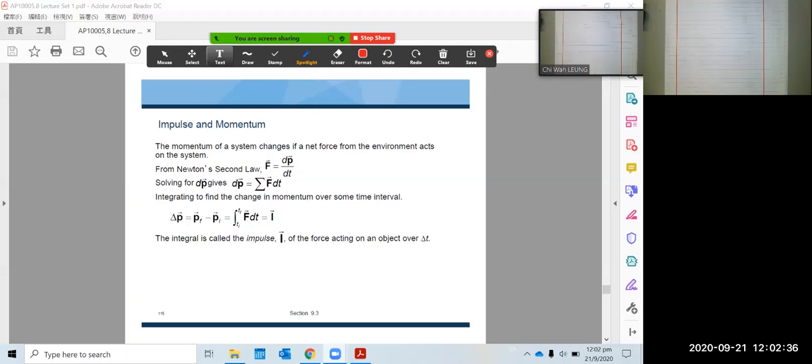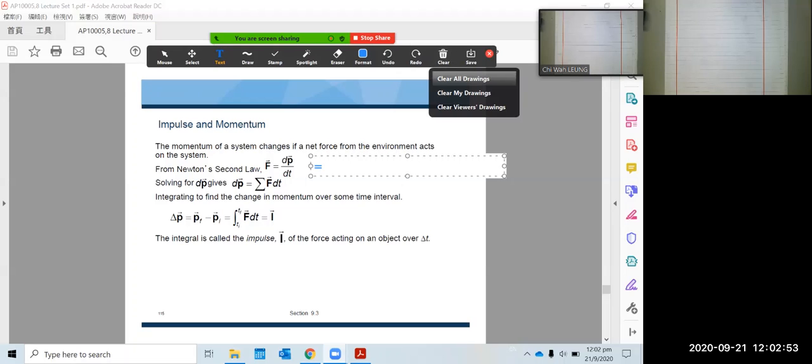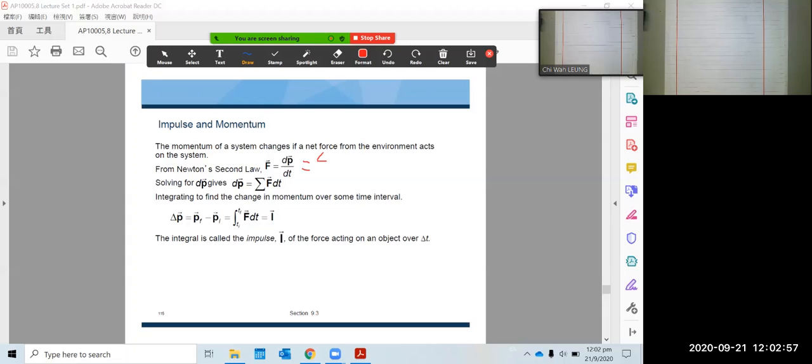Instead of writing it as a differentiation, in a more easy to understand format, it could be equal to delta p over delta t.